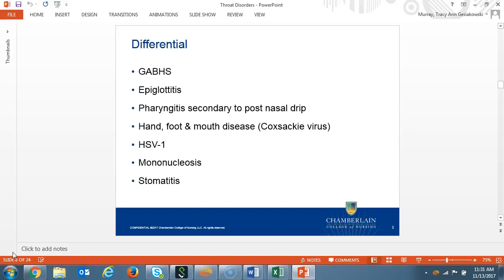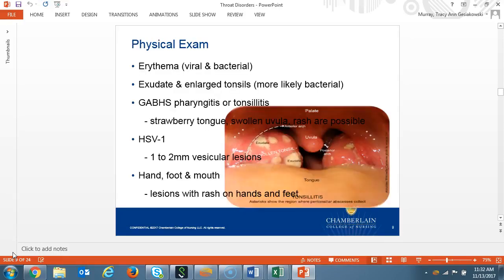The differential diagnosis for pharyngitis and tonsillitis should include Group A beta hemolytic streptococcus, epiglottitis, pharyngitis secondary to postnasal drip from rhinitis or sinusitis, hand, foot, and mouth disease from the Coxsackie virus, herpes simplex virus 1, mononucleosis, and stomatitis.